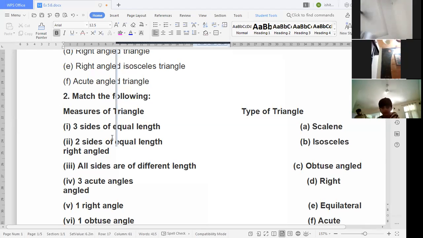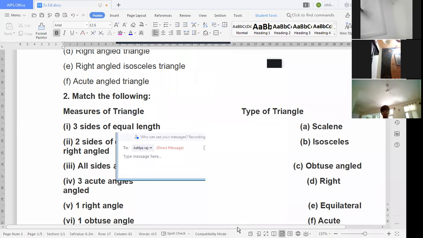You're not audible. Yes, it is an isosceles triangle. Two sides of equal length is an isosceles triangle. Shubhatre, you are correct. It is an isosceles triangle.